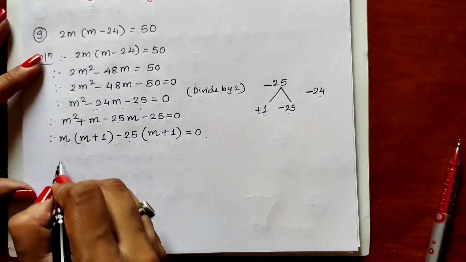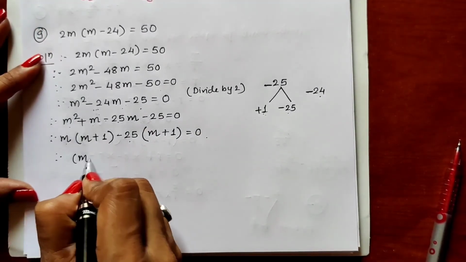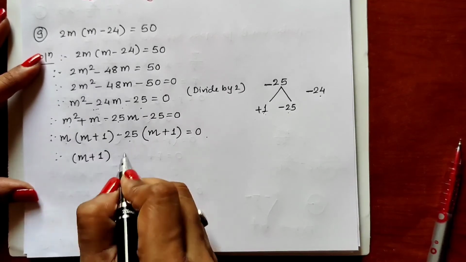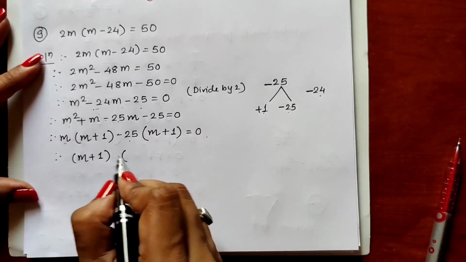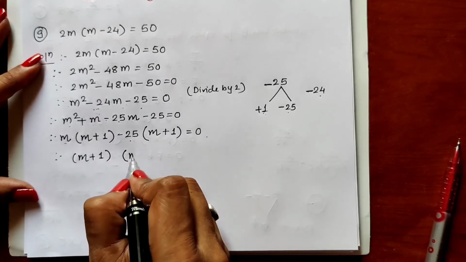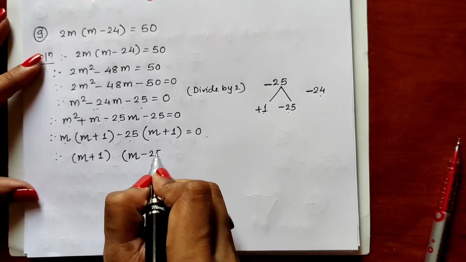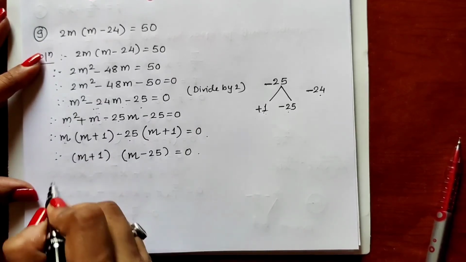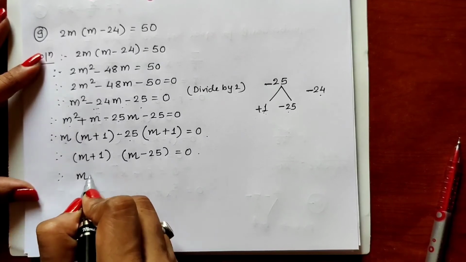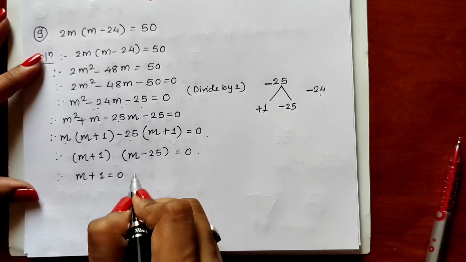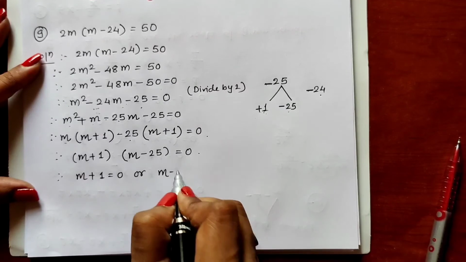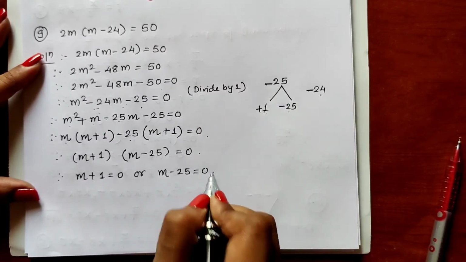This bracket m plus 1 is common. We write it one time. In the second bracket, we write the remaining expressions, m minus 25 is equal to 0. And therefore, m plus 1 equal to 0, or m minus 25 is equal to 0.